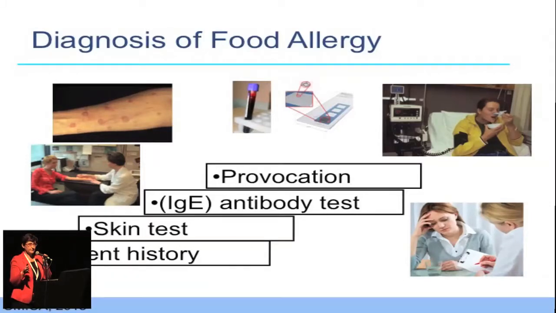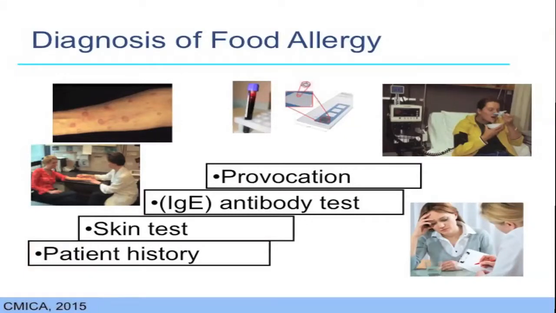You have to sit with the patient, you have to ask where the symptoms occur when eating which type of food. And based on that, you go for a selected skin prick testing, which is easy to be done, which can be done within 15 to 20 minutes. And then you can use the IgE antibody test using extracts or single allergens, as I will explain in a few minutes.